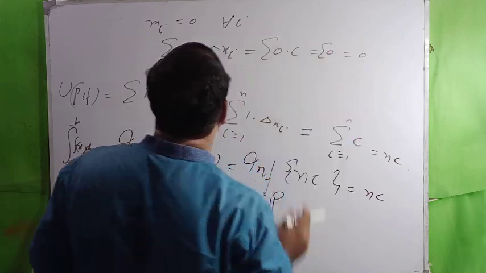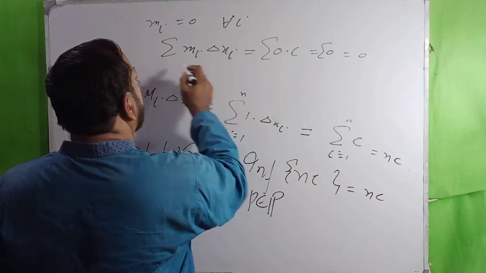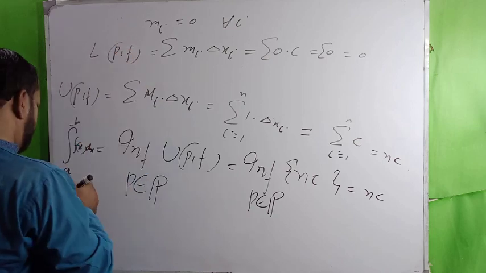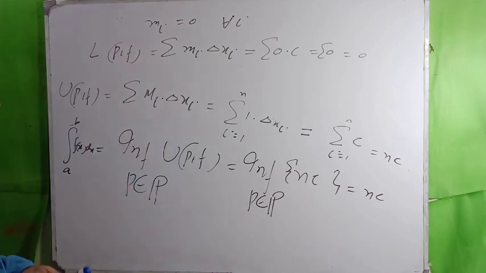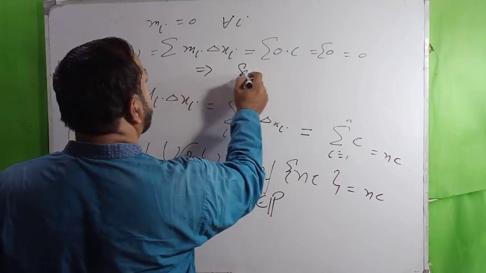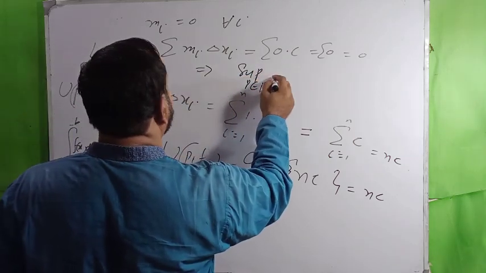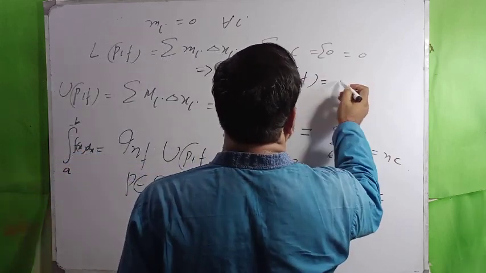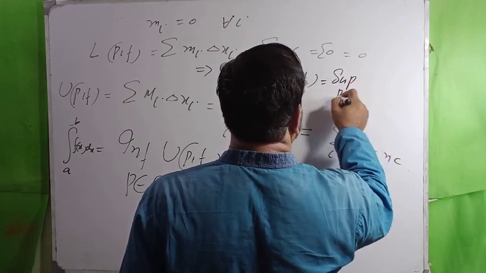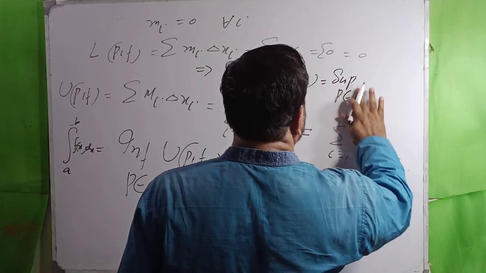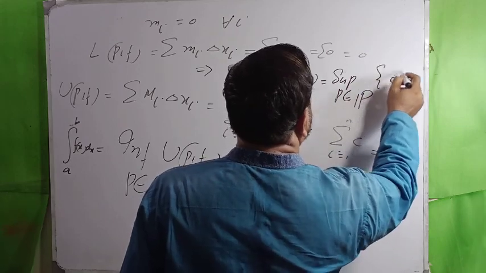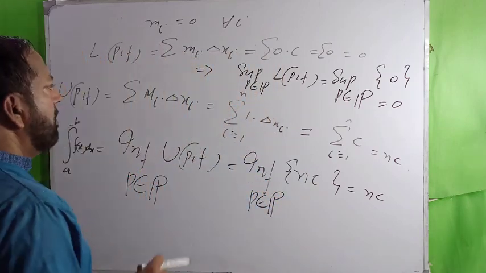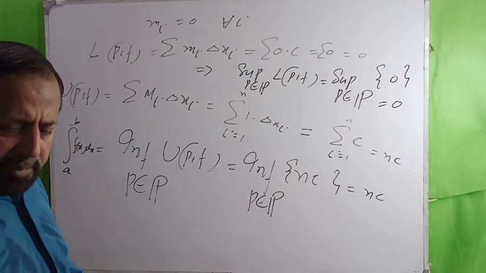So this was the lower sum L(P,f), and if you take the supremum over all partitions, the supremum over P belonging to the set of partitions of L(P,f) is also the supremum over P of 0. This is equal to 0 because it is a constant as well.